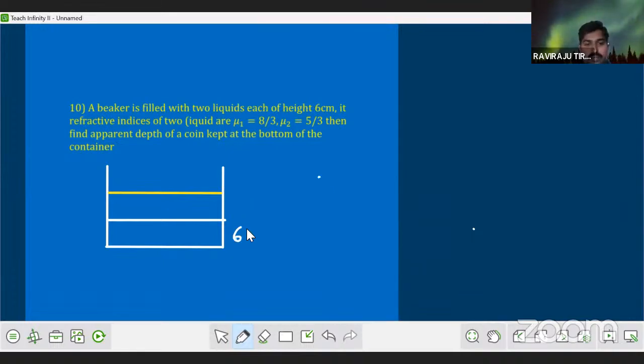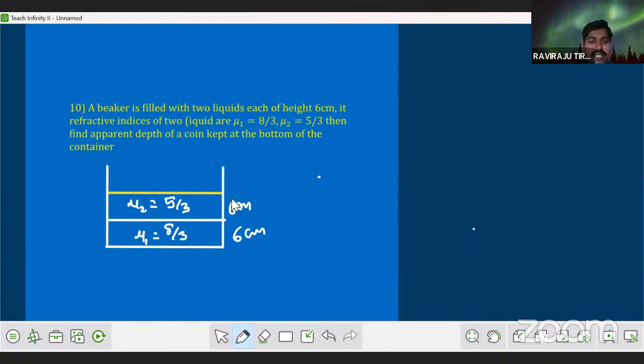Okay, you have drawn the diagram. Now the question is, of course, for both of them, refractive index values are also given. The refractive index of one liquid is 8/3, and the refractive index of the other liquid is 5/3.